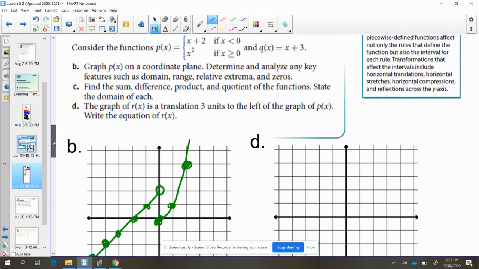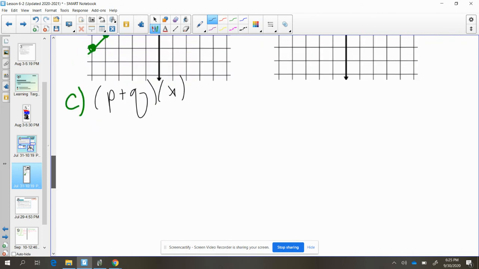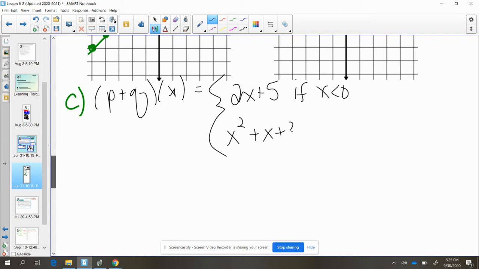So x plus 2 and then x plus 3 would be 2x plus 5. And that's, again, if x is less than 0. And then if we add the x squared to the x plus 3, we have x squared plus x plus 3. And again, same greater than or equal to. Same domain on that. So domain, again, all real numbers, nothing's being affected here.